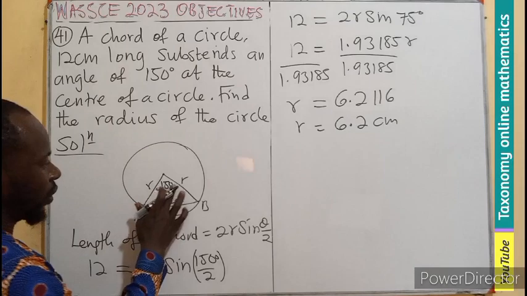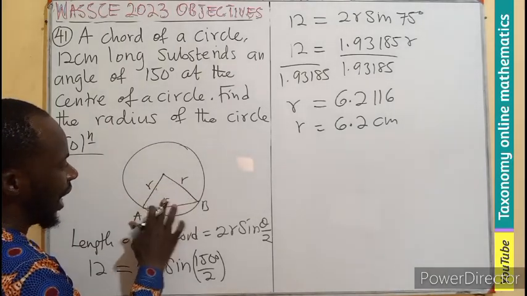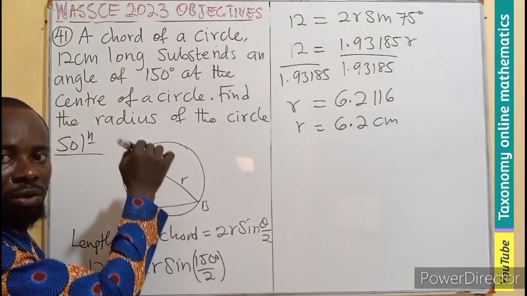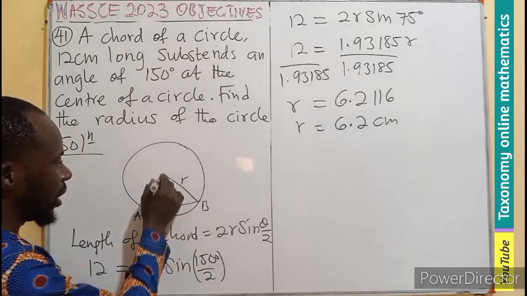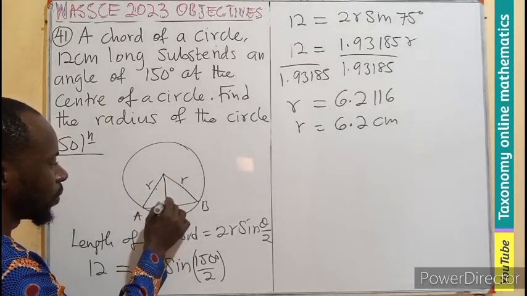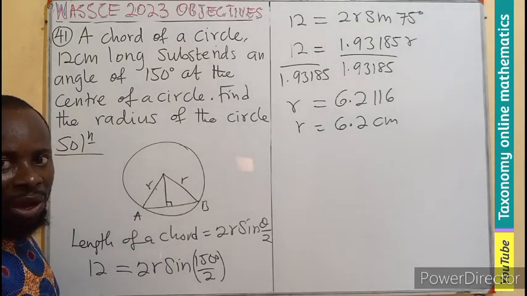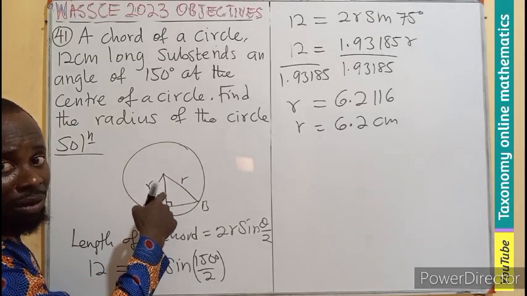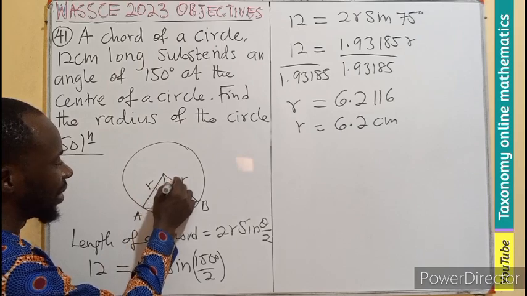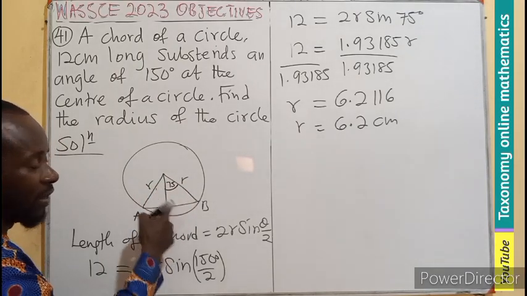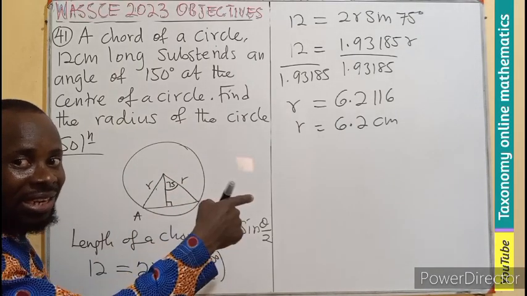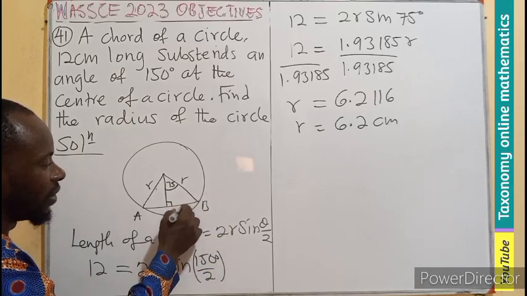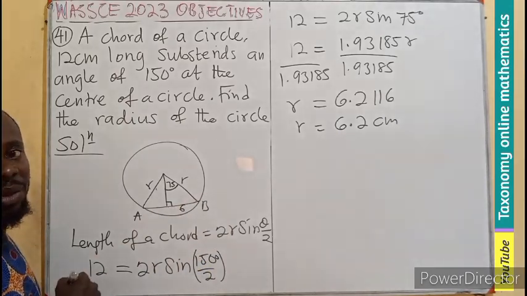Now, the other way I was talking about is that we know a line from the center towards a chord is perpendicular to the chord, meaning it's going to form a right angle. Since it's perpendicular, it will divide the angle 150 to become 75. It will also divide the chord into 2, so here will be 6 centimeter, 6 centimeter.